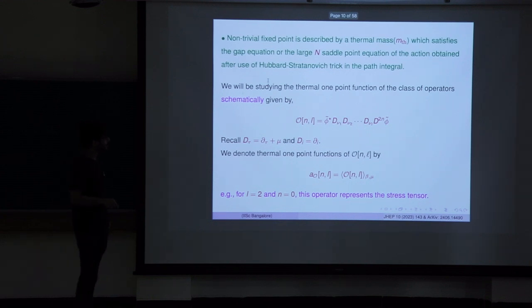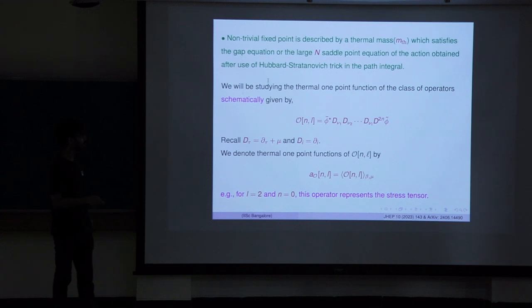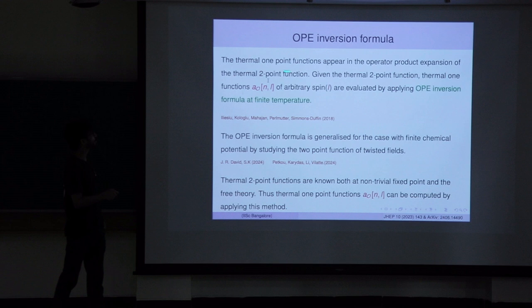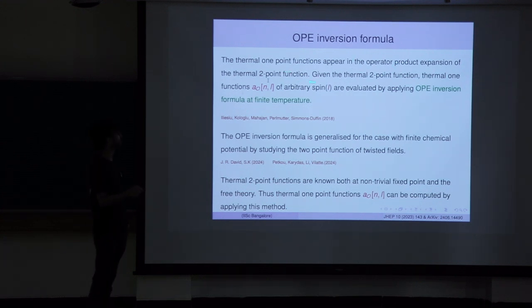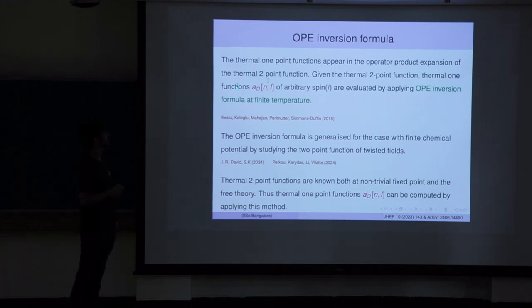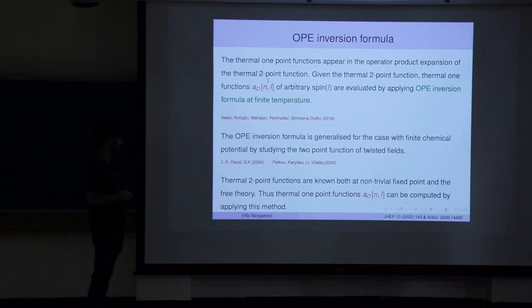Then the next part is: how do you evaluate these thermal one-point functions of such operators? To evaluate them, we use the fact that the thermal one-point functions appear in the operator product expansion of the thermal two-point function. Given the thermal two-point function, thermal one-point functions of arbitrary spin L are evaluated by applying the OPE inversion formula at finite temperature. This was developed by these authors, and the OPE inversion formula is also generalized to the case of finite chemical potential by studying the two-point function of twisted fields.